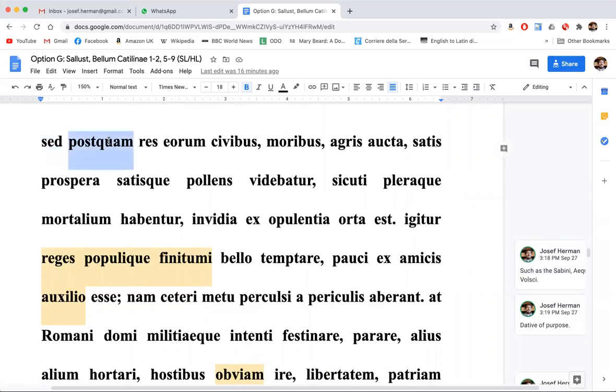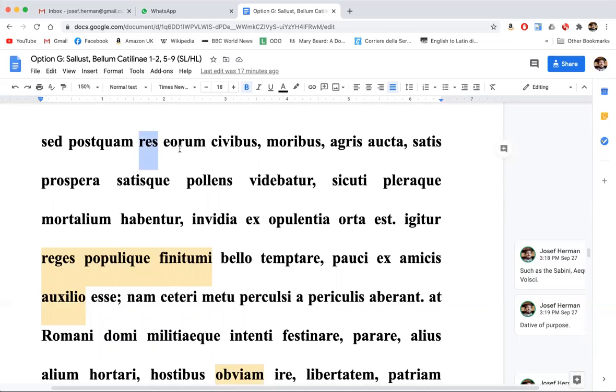Okay, sed postquam, but after. And then here we have res. Now, res eorum literally means their thing, the thing of them. But here we are talking, I think, about a community, right? Like res publica, for example.